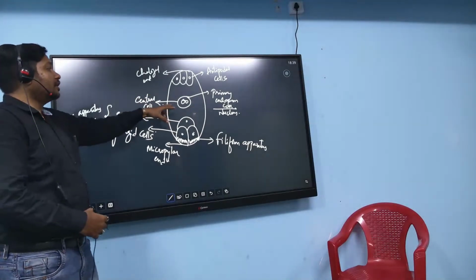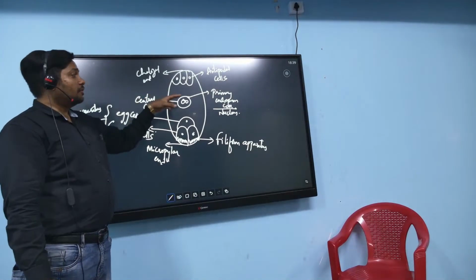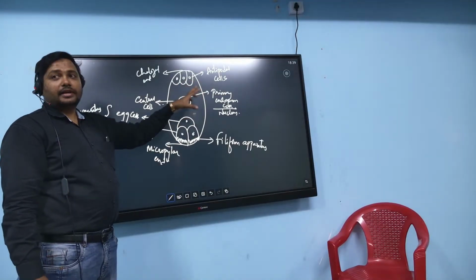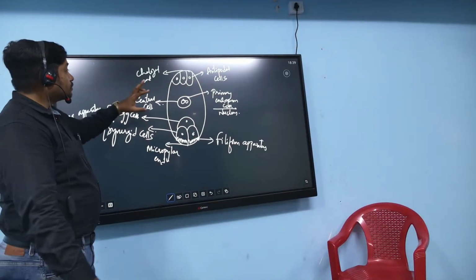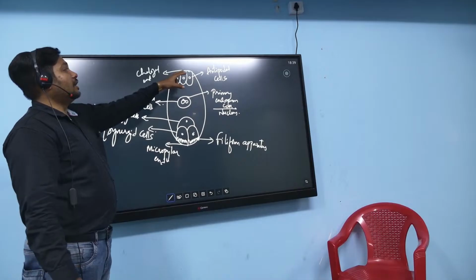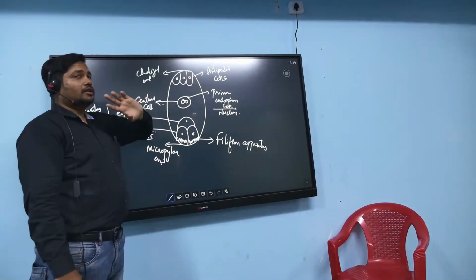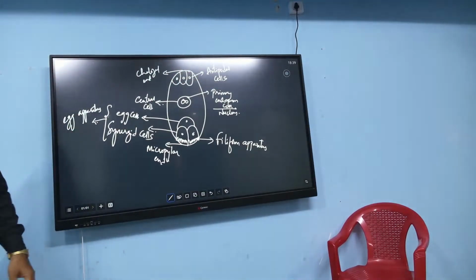Then in the center we have the central cell with the primary endosperm nucleus. Then on the chalazal end we have three cells called antipodal cells. This complete structure is called the matured embryo sac. Did you understand?